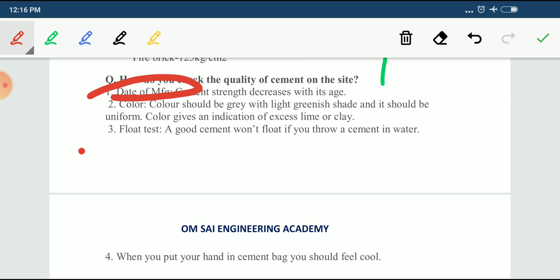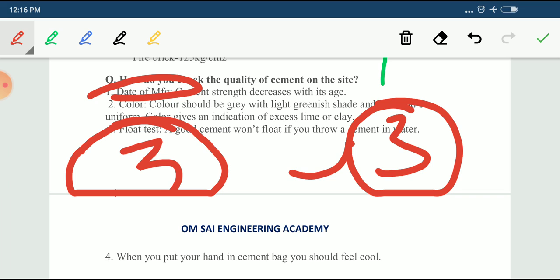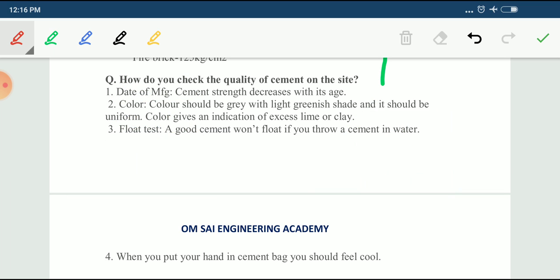The cement should be used within 3 months of manufacture. If the manufacture date is more than 3 months old, you are not supposed to use it. If you want to store the cement, you should store it up to 3 months only. Then it will give good quality cement.